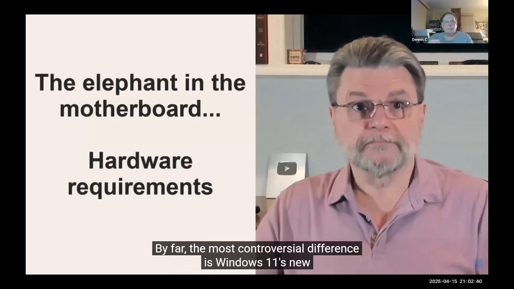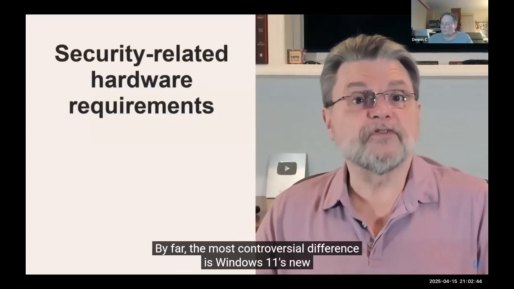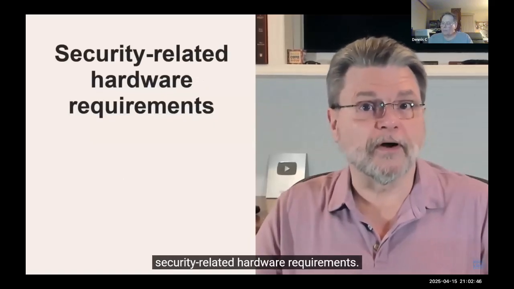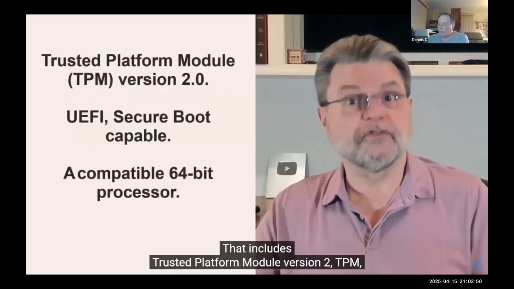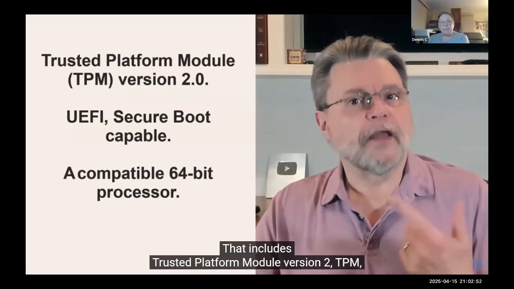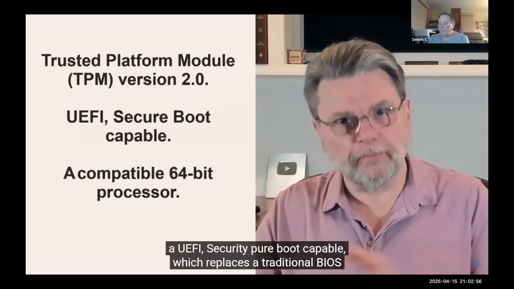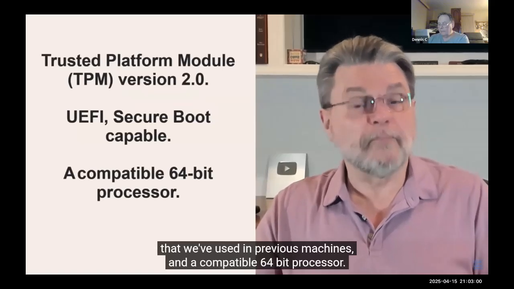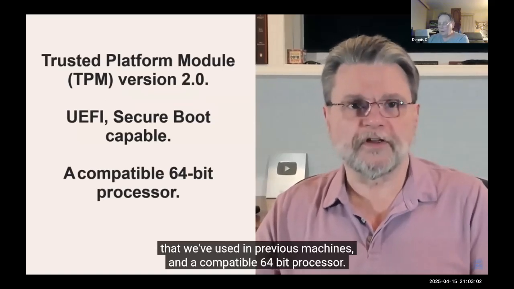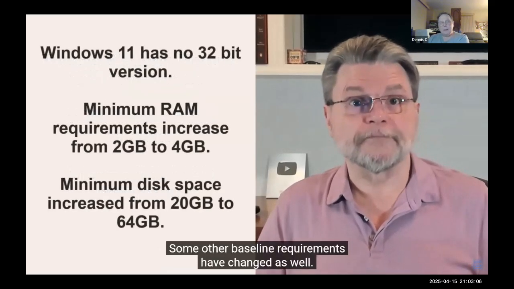By far, the most controversial difference is Windows 11's new security-related hardware requirements. That includes Trusted Platform Module version 2, TPM, a UEFI, Secure Boot capable, which replaces a traditional BIOS that we've used in previous machines, and a compatible 64-bit processor. So some other baseline requirements have changed as well.